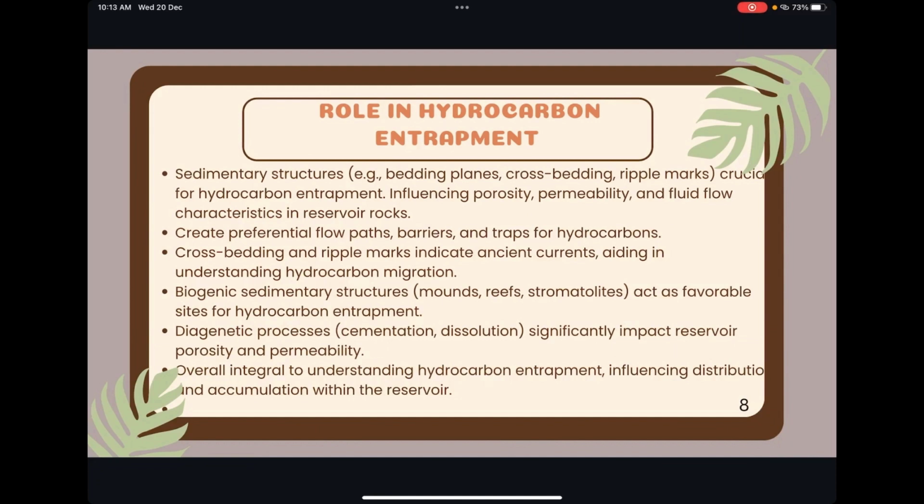And biogenic sedimentary structures, mounds and reefs, can act as favorable sites for hydrocarbon entrapment, as I mentioned earlier. And diagenetic processes like cementation and dissolution significantly impact the reservoir porosity and permeability. And overall, they are integral to understanding hydrocarbon entrapment, influencing distribution and accumulation within the reservoir.